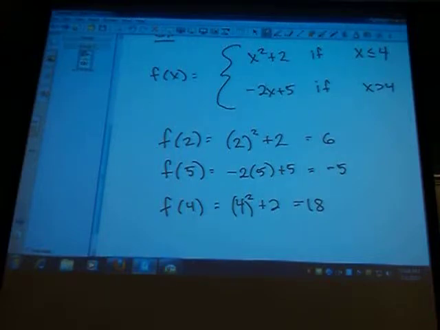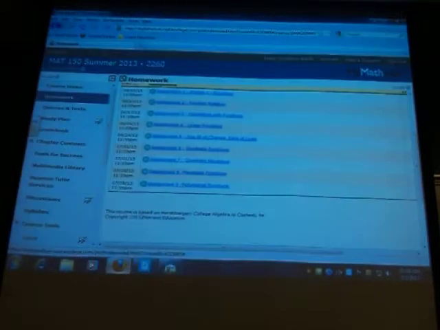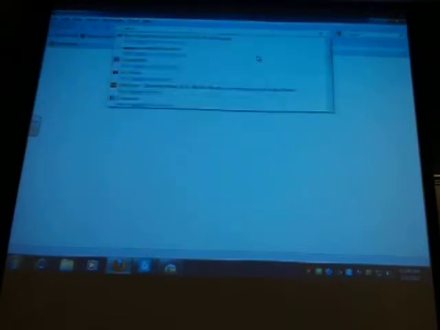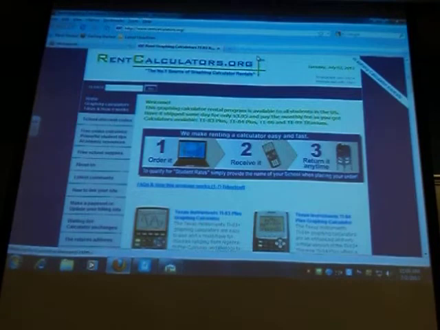The only way it gets a little funny is with graphing. How would they have us graph? Well, you can't really do it on the calculator.